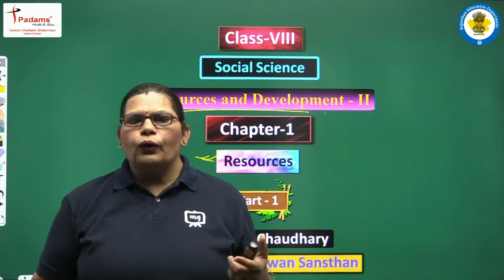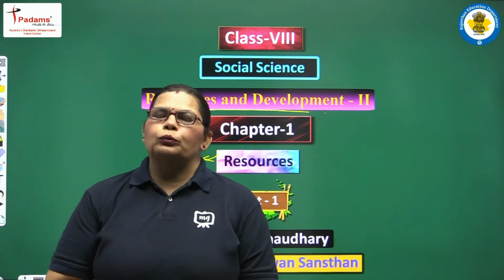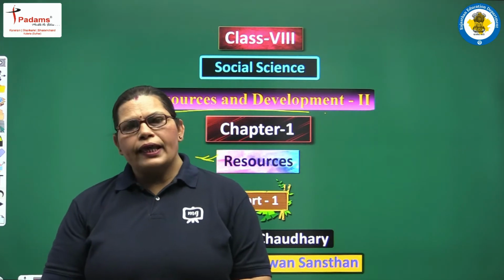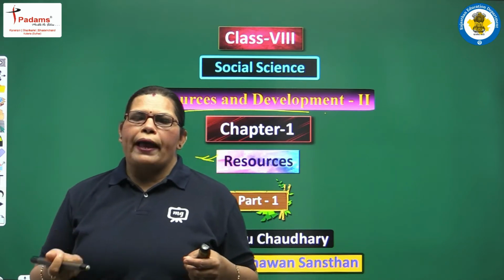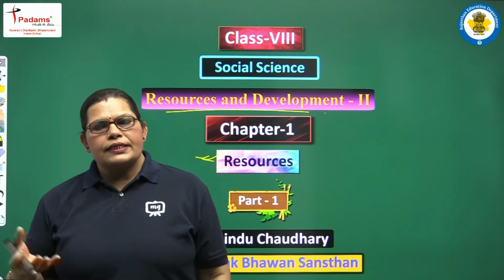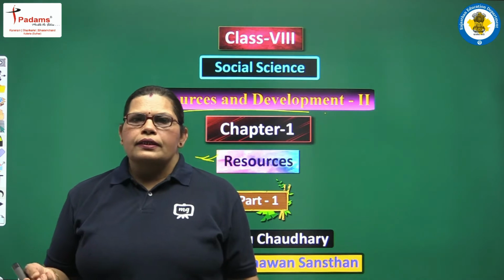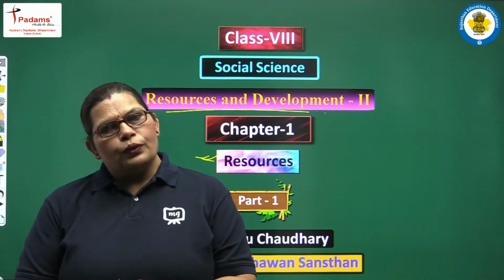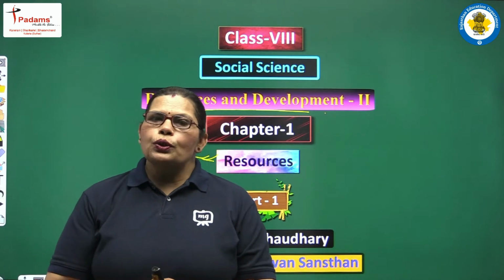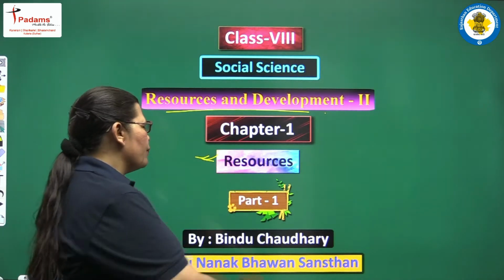What about your daily books, textbooks? Yes. What about fans? What about your carry bags? You are taking bags, school bags at schools, bottles, etc. Many things are considered as resources. But how? That is the main thing. So, let's start our part first.